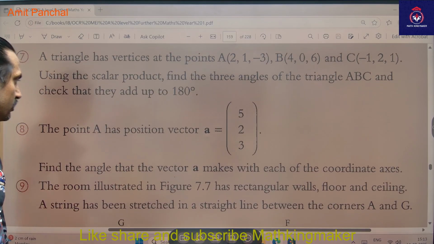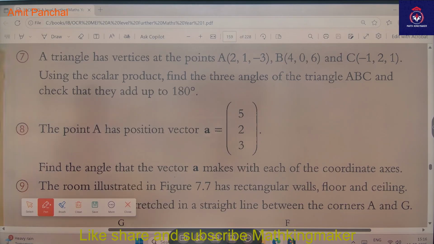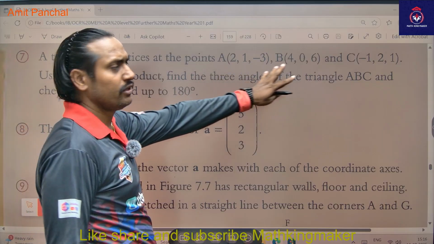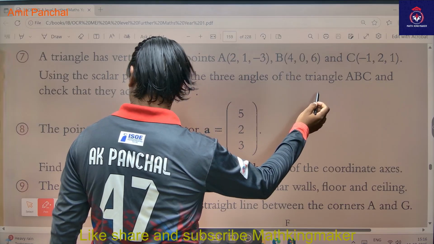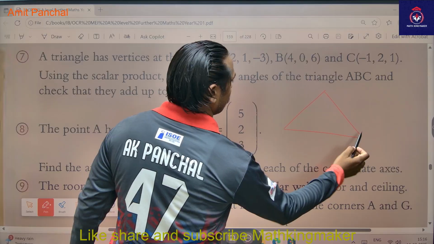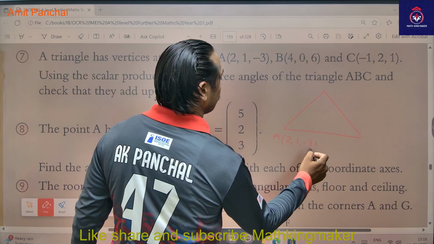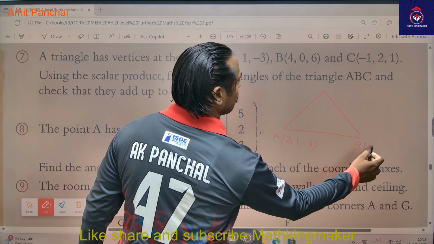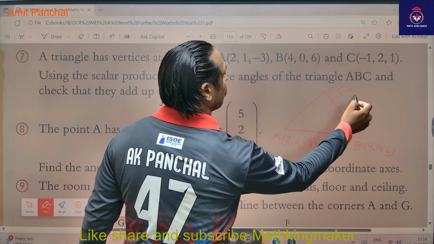Now do the seventh and eighth. You need not mark these points exactly. Just draw a triangle. A point is 2, 1, minus 3. B point is 4, 0, 6. C point is negative 1, 2, 1.